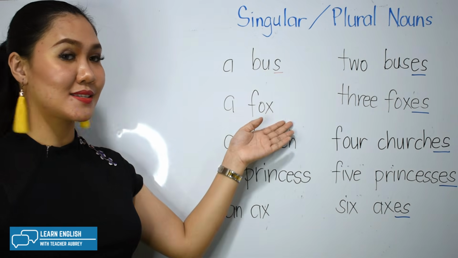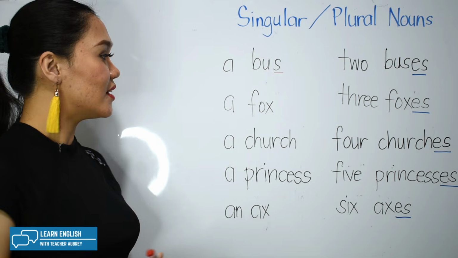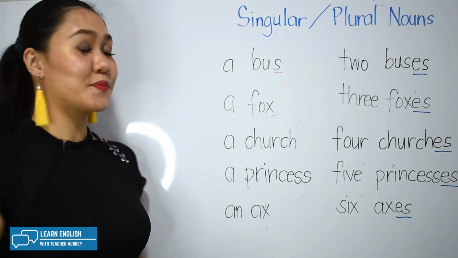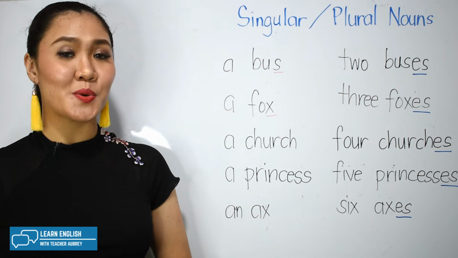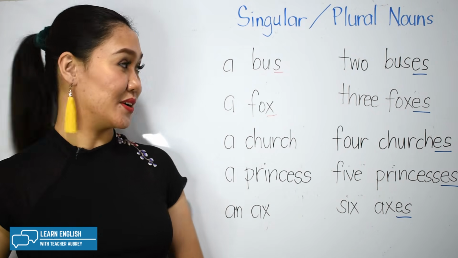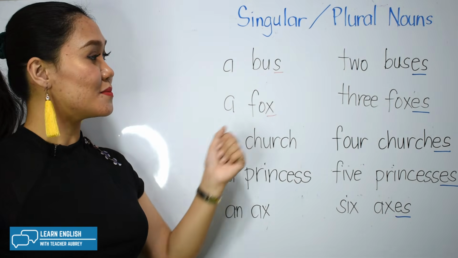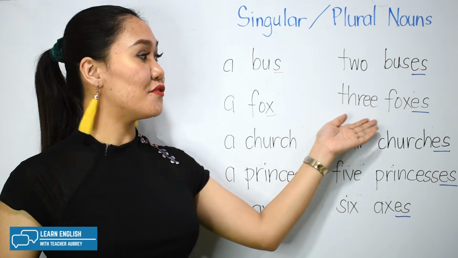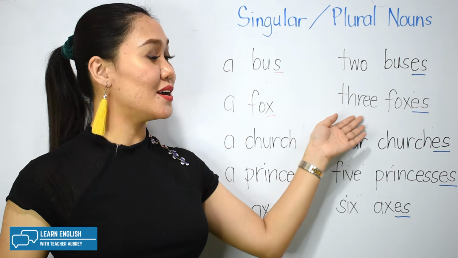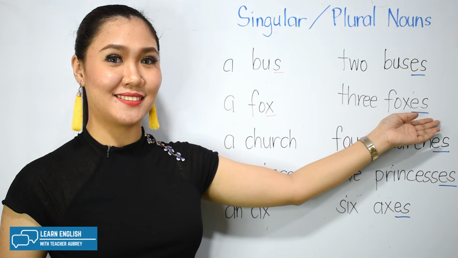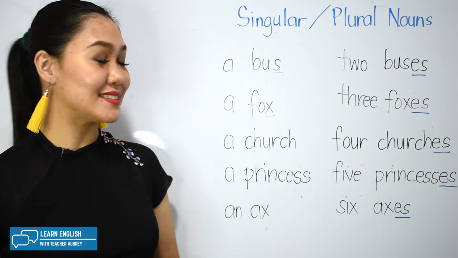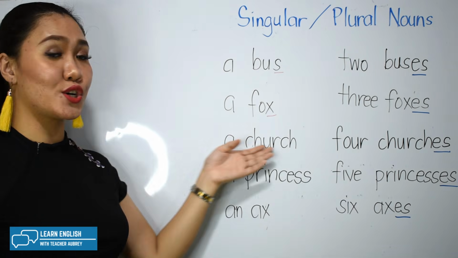Let's take a look at this one. A fox. If a noun ends in the letter X, we must also add an es to make it plural. So a fox becomes three foxes. We added an es to make it plural. Always remember that. Next we have a church.